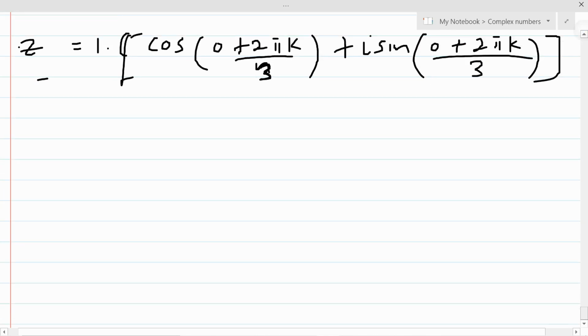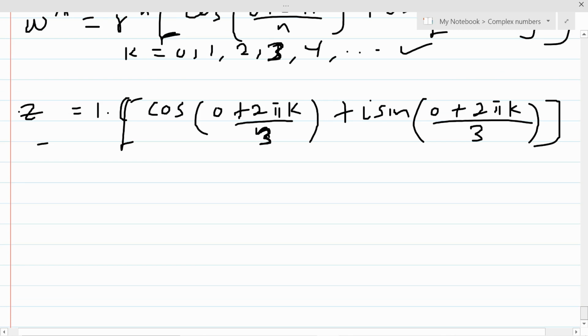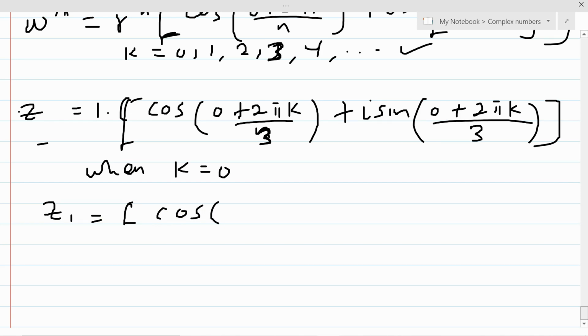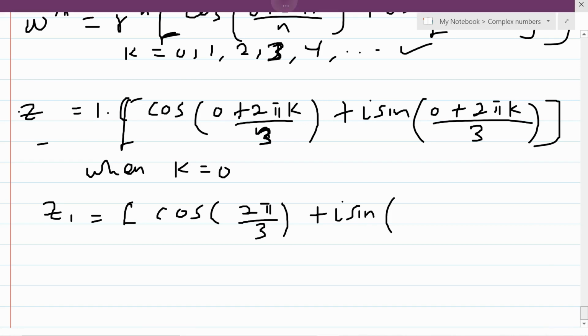Let's see. With this, when k equals 0, we have our z1, that's the first one that we choose. Our z1 will be equal to 1 times, so I don't write the 1, cos of (0 plus 2 pi k) all over 3, plus i sine of (0 plus 2 pi k) over 3.